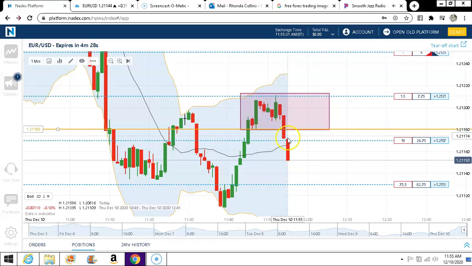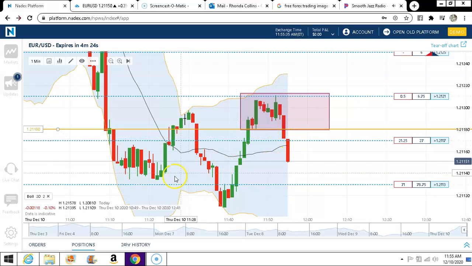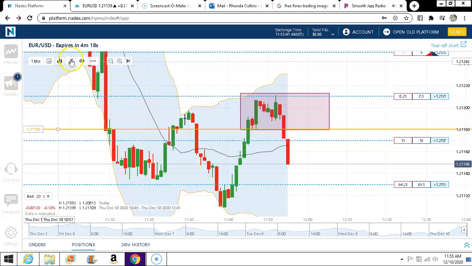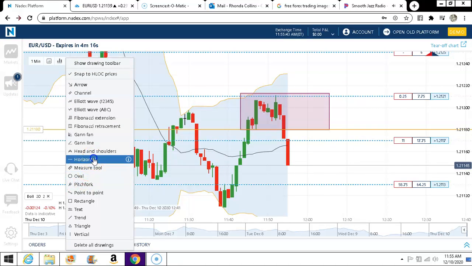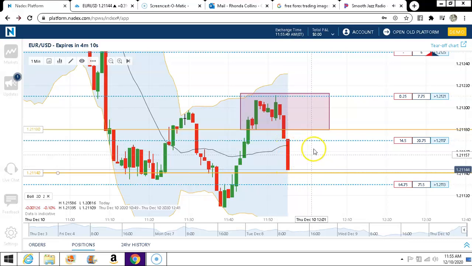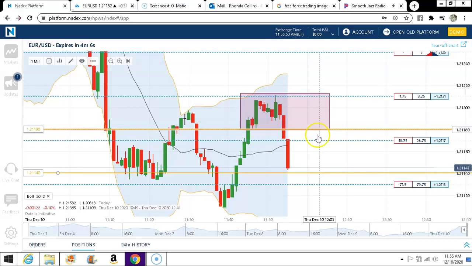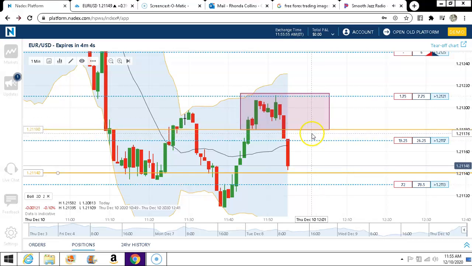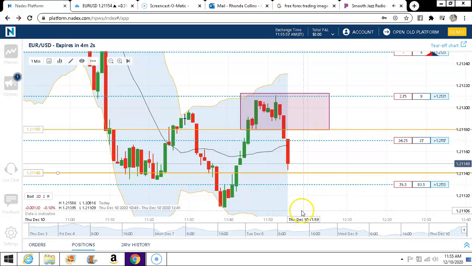If anything, it'll do some further dropping until you get to this point right here, till you get to the next level. And what it may do is touch this level and then pull back and bounce off of this level here, or it can continue down.